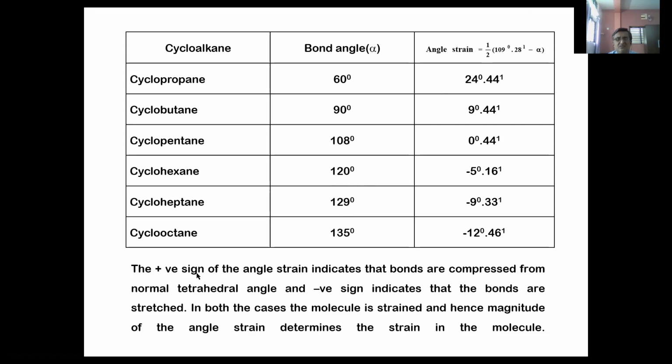That's why a positive sign of an angle strain indicates that the bonds are compressed from the normal tetrahedral angle value, and a negative sign indicates the bonds are stretched. In both cases, the molecule experiences strain, and hence the magnitude of the angle strain determines the strain in the molecule, whether the bond is stretched or compressed.